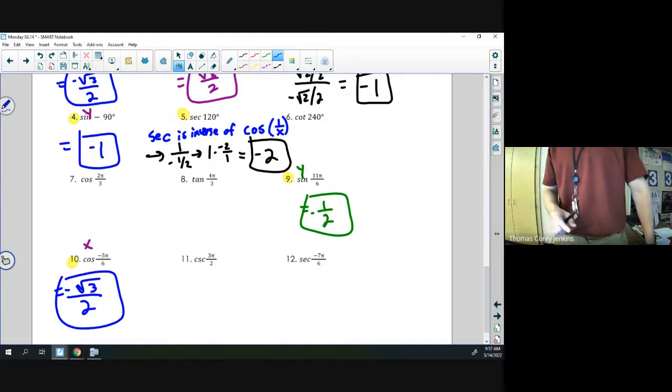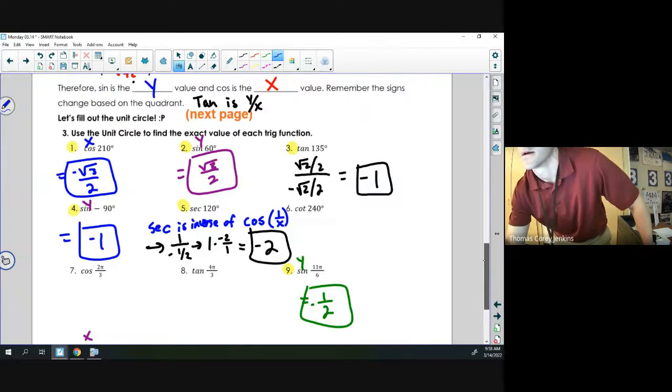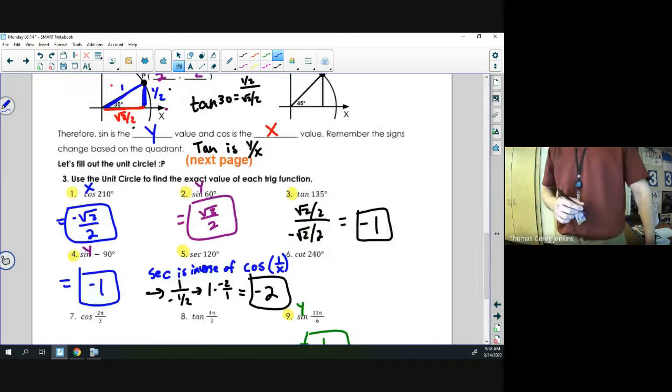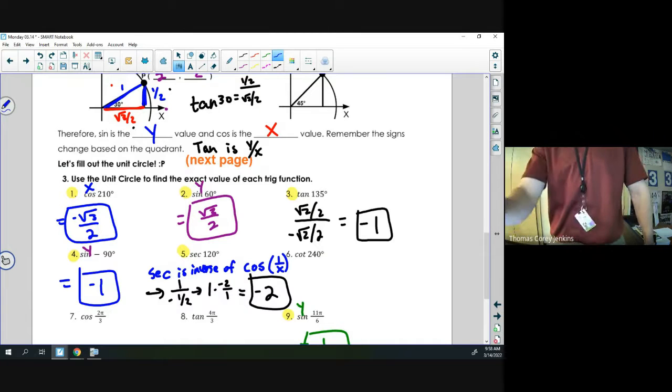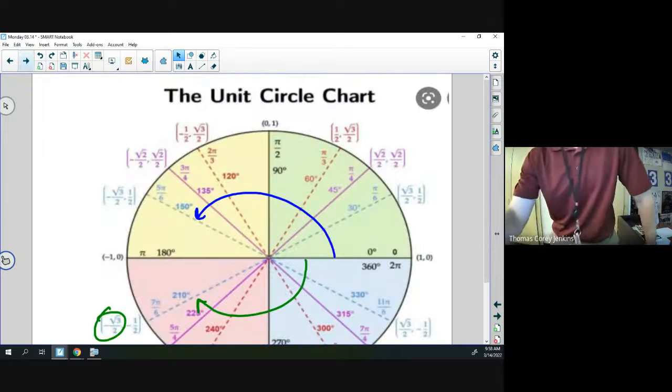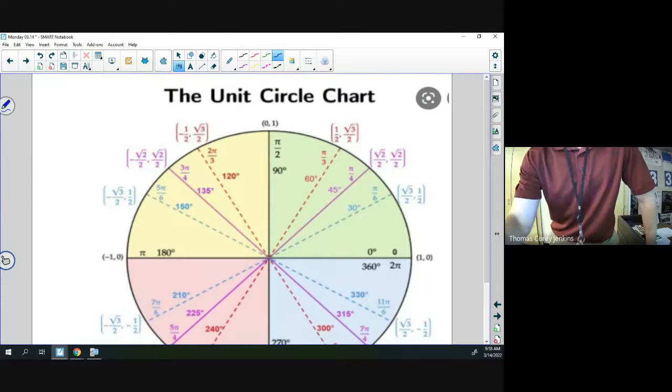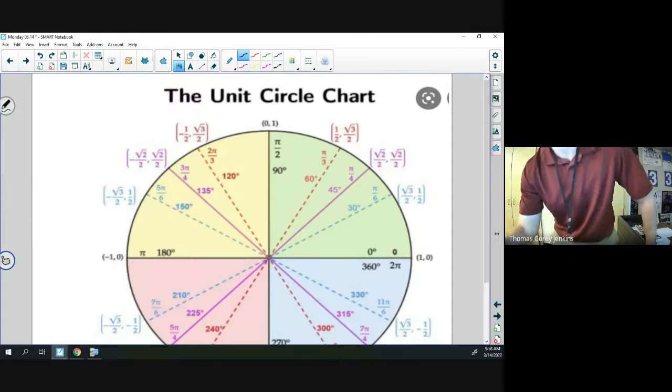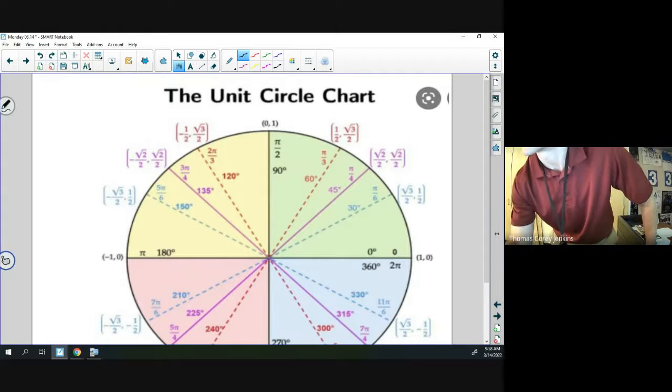All right, so Cochran, you had a question? All right, so we said sine is a y value, right? And then just find 60 degrees on your unit circle. Did I do it wrong? I guess I did it wrong.